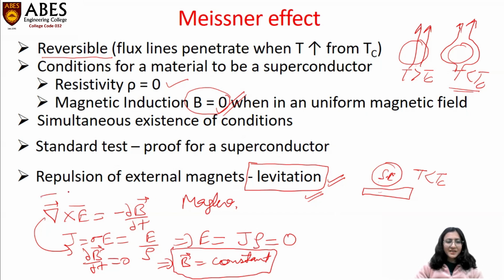These are equations for normal electrons, and they are not valid for the superconducting state. Normally B remains constant, but in this case there was a certain value of B inside the specimen, and as the temperature is reduced below critical temperature, this B value reduced to 0. So the magnetic field does not remain constant in superconducting material.